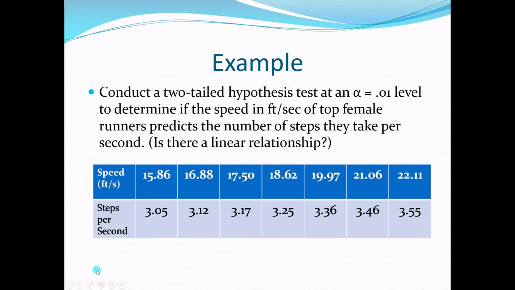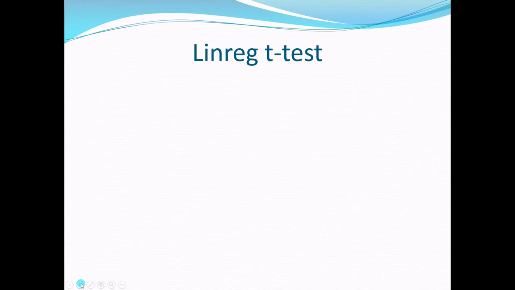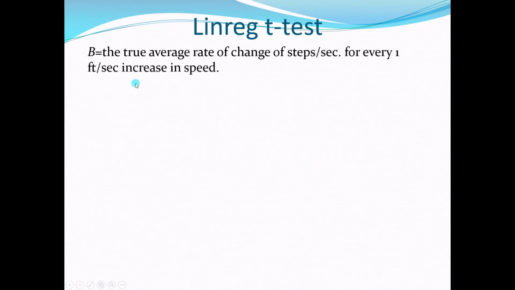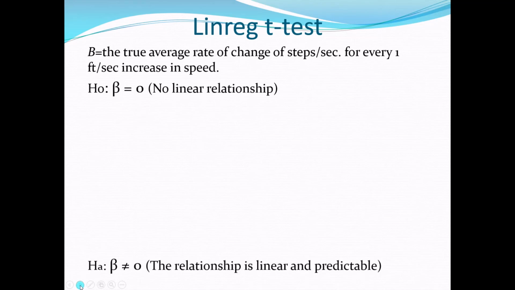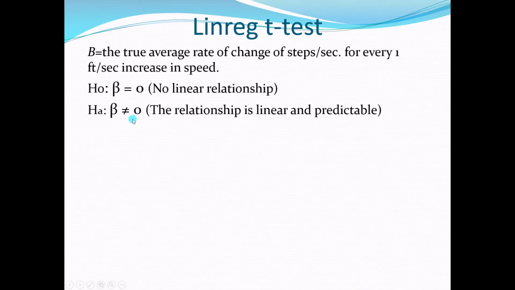So let's see what we've got here. All right, define b, or beta. That's what we did in the previous problem, so it should be the same. H0 is that beta equals 0. That means that the two do not have a linear relationship. And Ha is that it doesn't equal 0, so it may be positive, it may be negative, it's just not 0, okay?